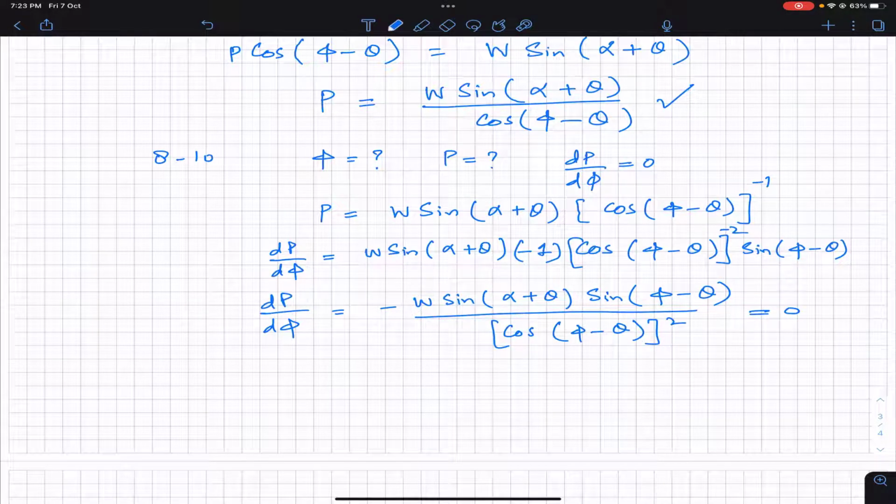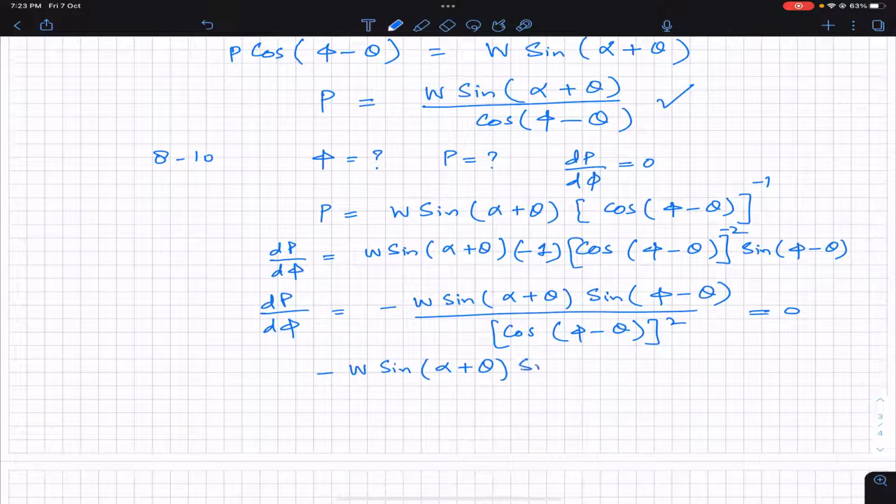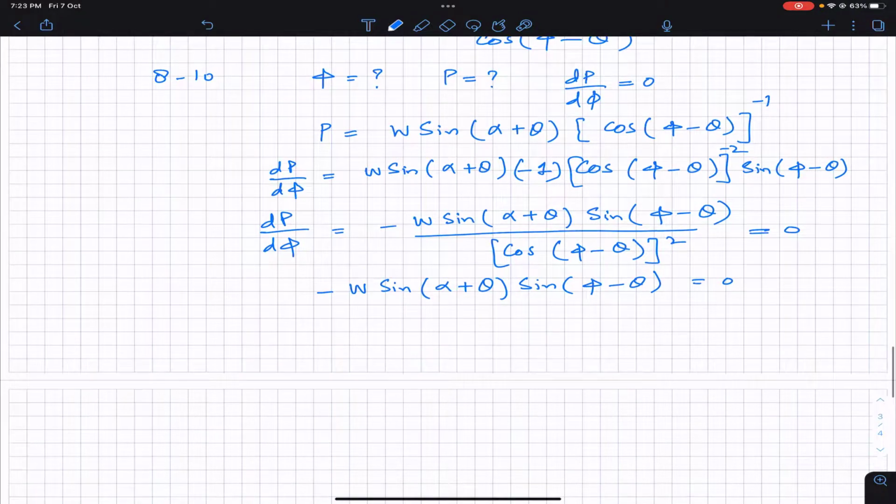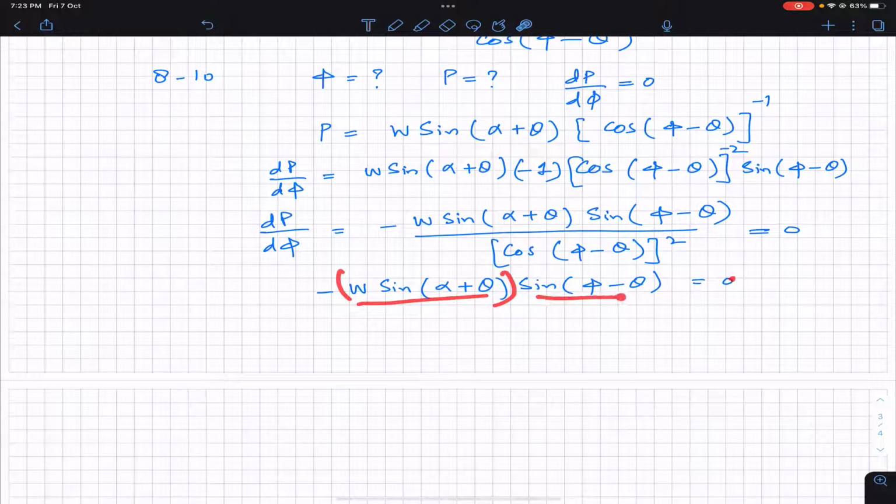So we can say that minus W sine of alpha plus theta into sine of phi minus theta is equal to 0. Since alpha and theta are constant, either this term is equal to 0 or this term is equal to 0, in order to have the multiplication of both equal to 0.